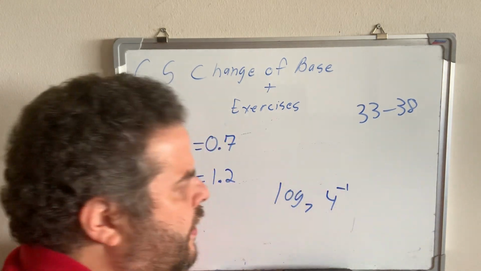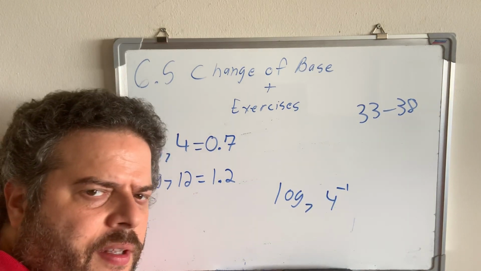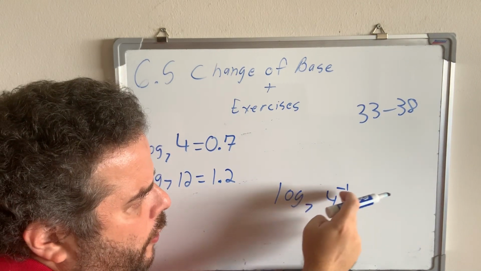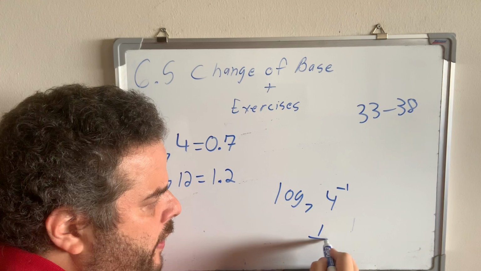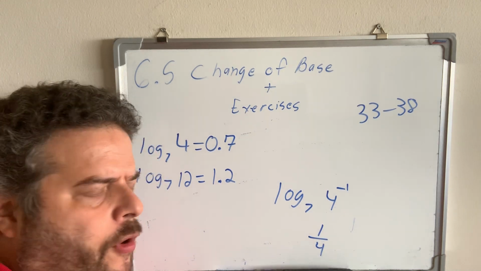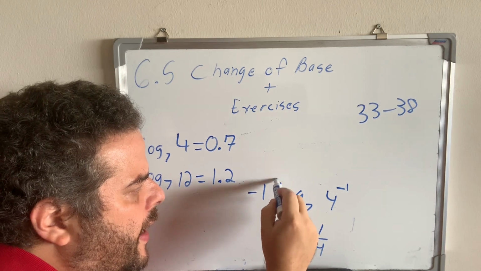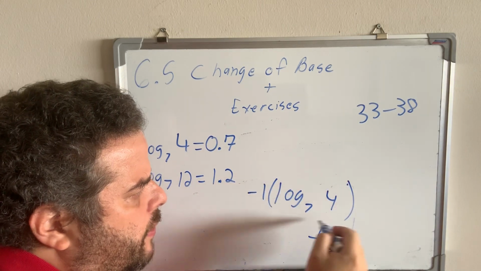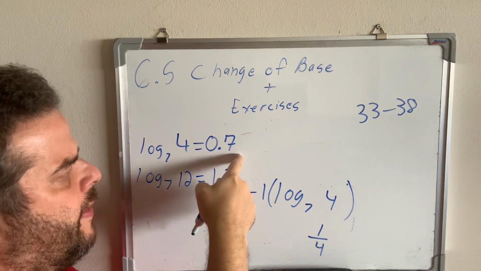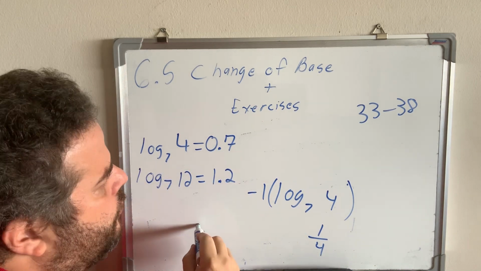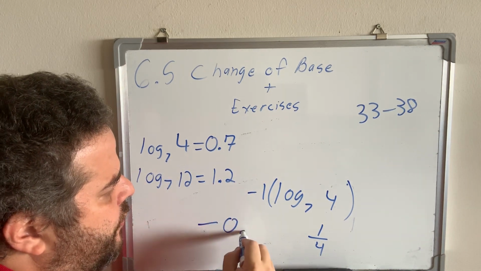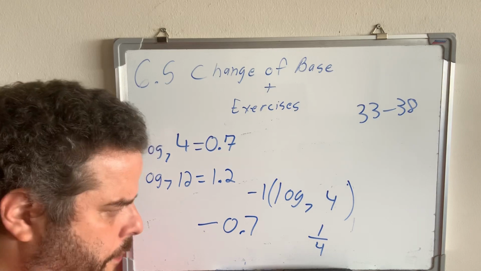You raise it to the -1 power. So 4 elevated to the -1 is the exact same thing as 1/4. Now I am going to apply the power rule, and -1 multiplies this value. This value is 0.7, so that answer was -0.7. That's simple.